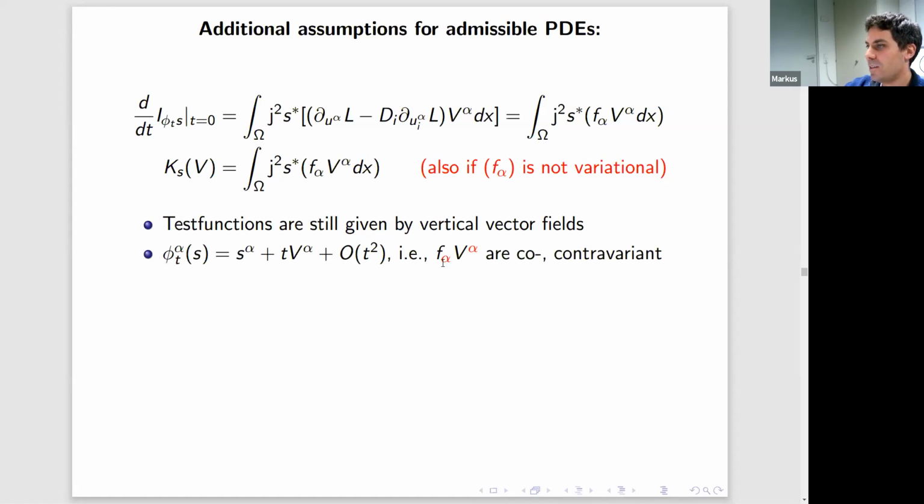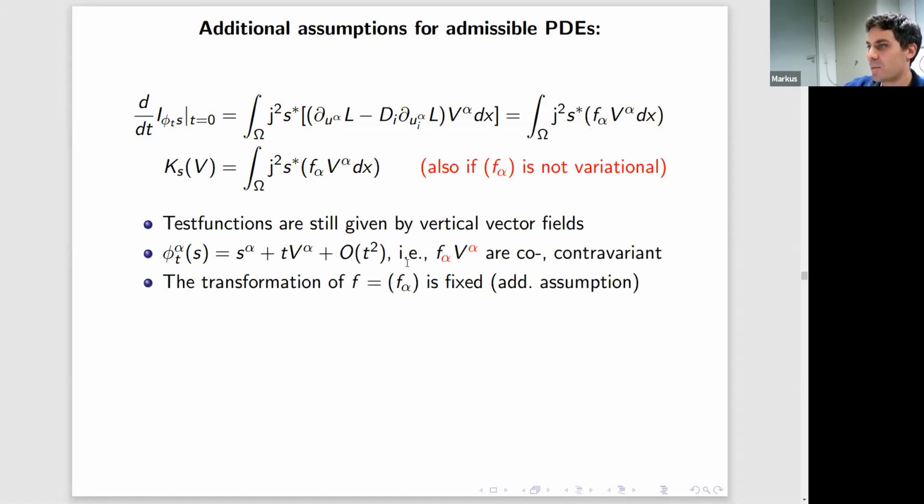And then, as you can see here, your PDE has a lower index and the test function has an upper index. So these are contravariant objects, and they transform reverse to each other. So this is an additional property for our PDE now. The transformation for our differential equation is somehow fixed, which is an additional assumption.